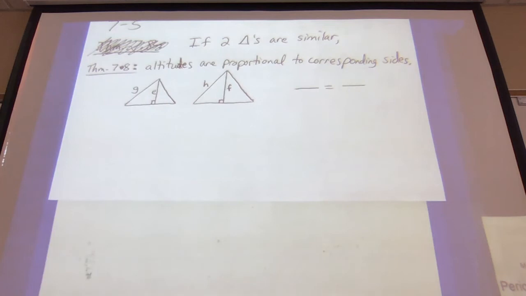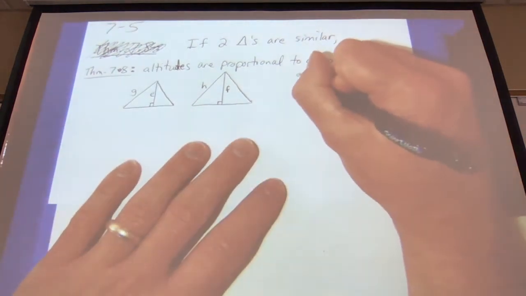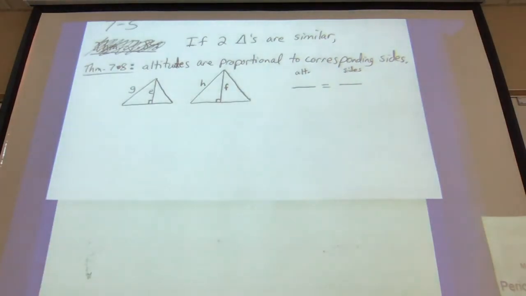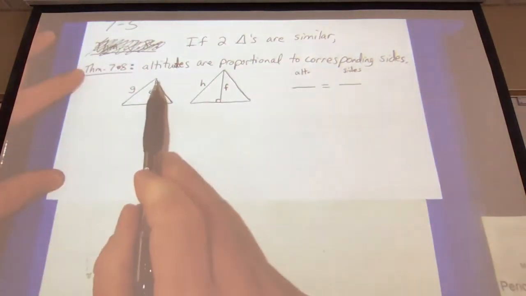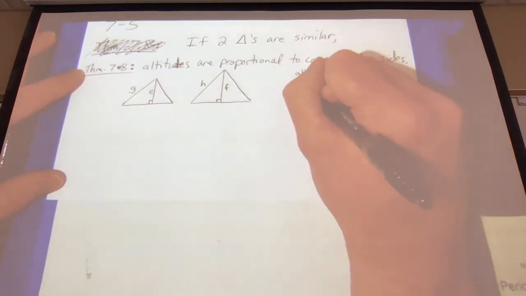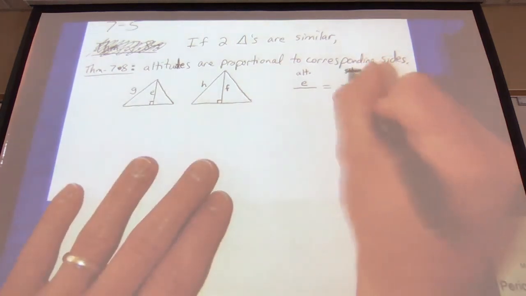And just to show you how I'm setting up the proportion, because there's a lot of different ways you could set up the proportion. What I'm going to do is put the altitudes on the left, and the corresponding sides on the right. So if I take a look at my left-hand triangle here, that altitude is E. I think I want to change the way I do this.